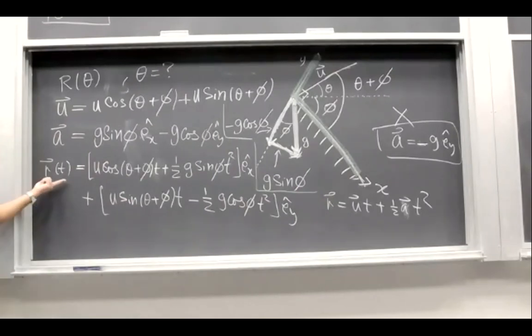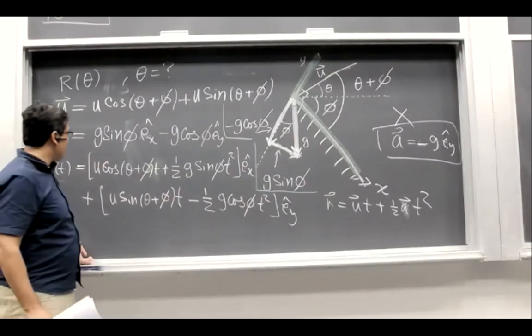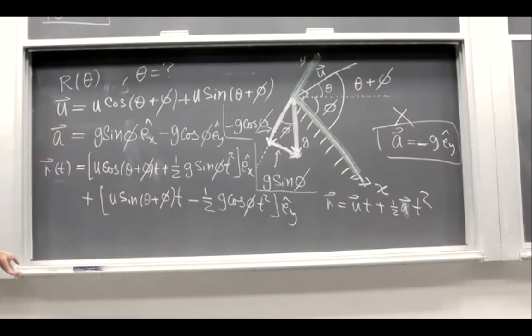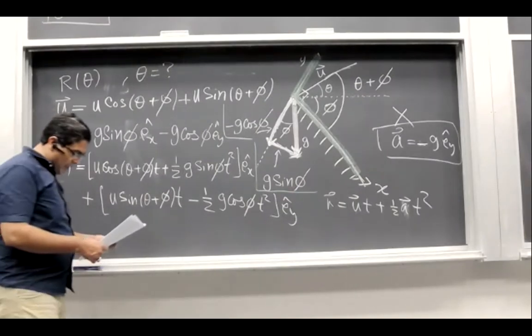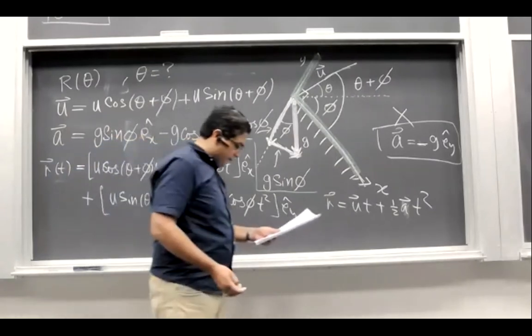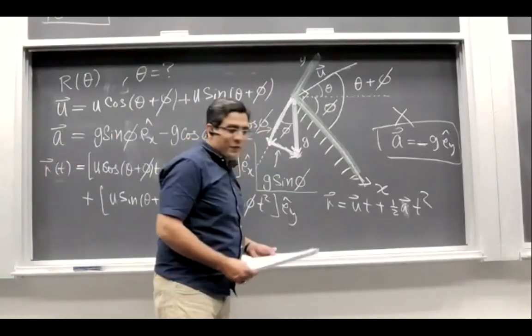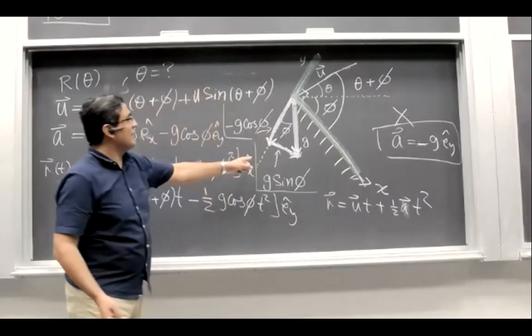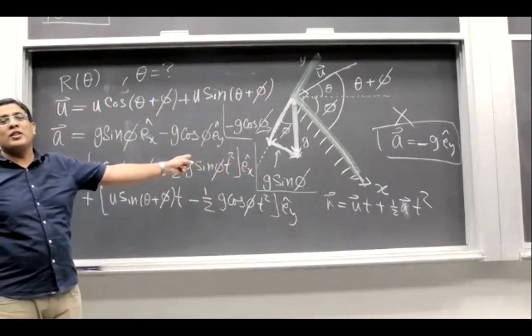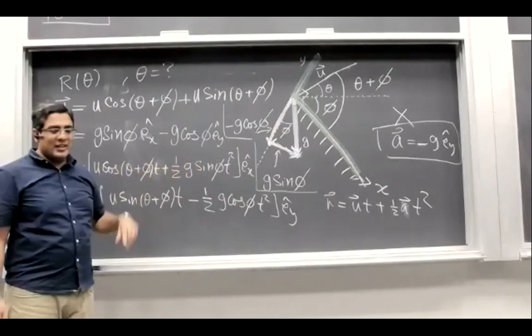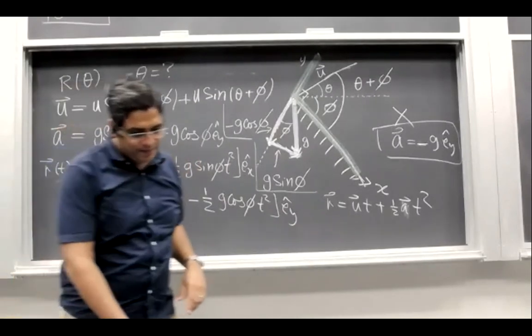So we have now the position vector as a function of time and angle and the initial velocity. Now, what would be the condition in this case that I need to impose to calculate the time of flight, for example?